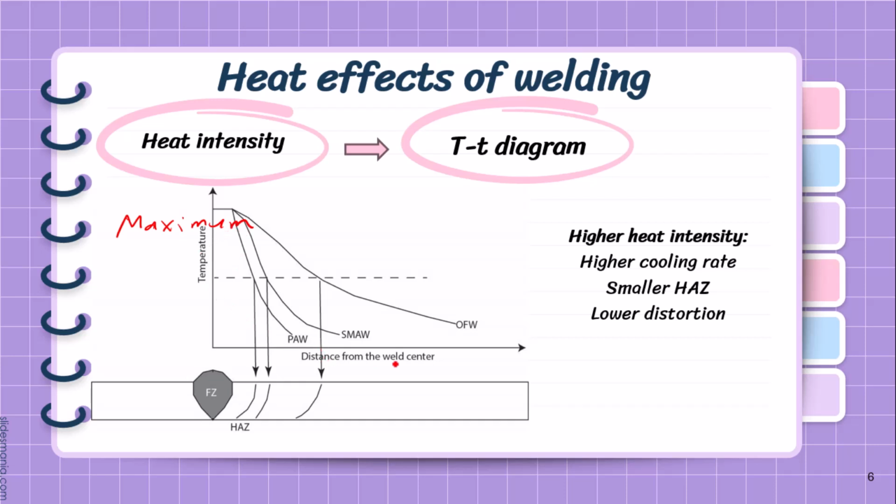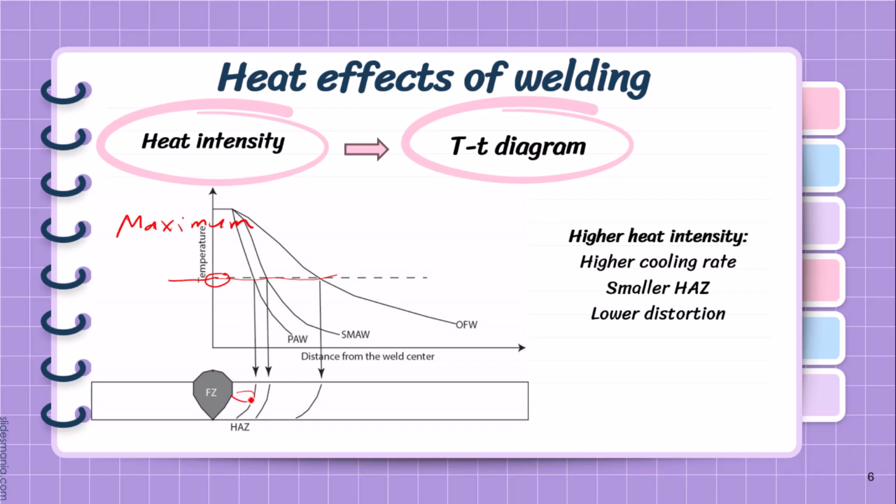And this temperature distance gradient determines the extent of the heat affected zone that we have. The heat affected zone is defined by a temperature over which we have some microstructural changes. For example, imagine that we have this critical temperature, and by this critical temperature we can determine the extent of heat affected zone for every process.